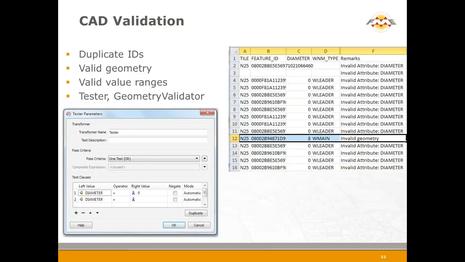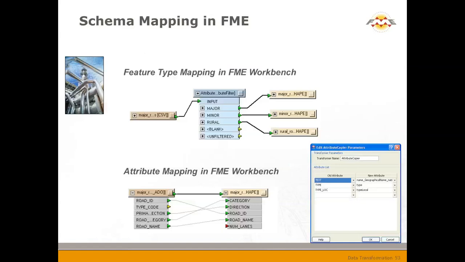And the CAD example is a pretty good one. I don't have time to run it now, but if you download that one, what it does is it looks for things like duplicate IDs or invalid diameter values or invalid geometry. And actually we have transformers to do that. I'll highlight Tester as probably the simplest and one of the most powerful transformers for validation.